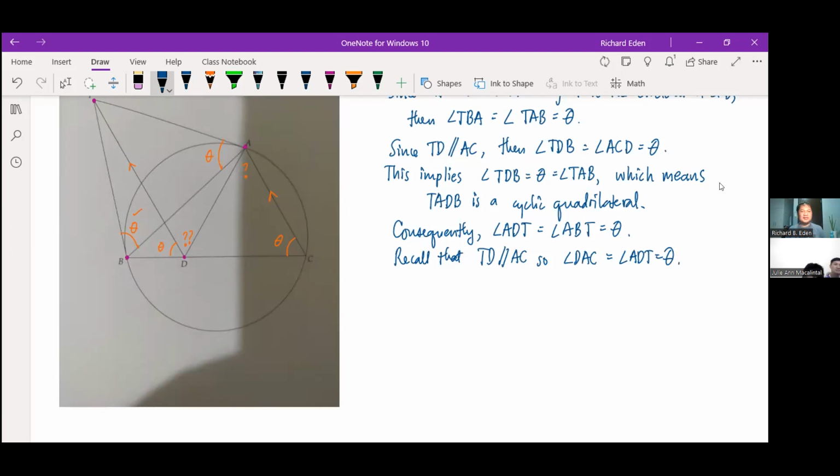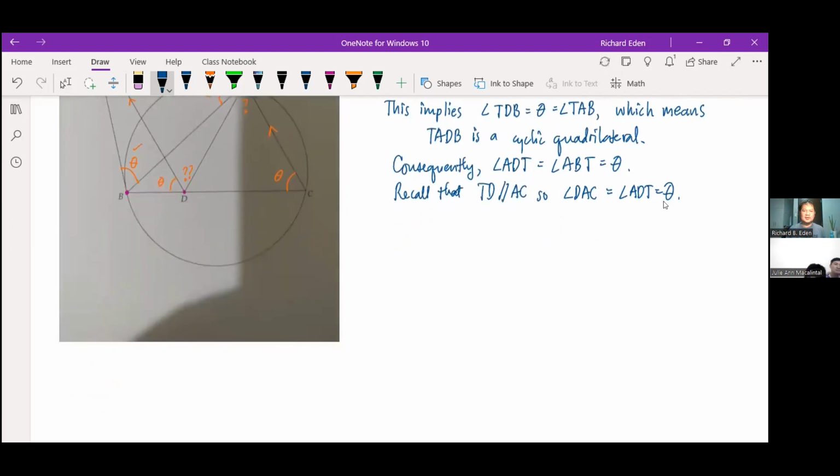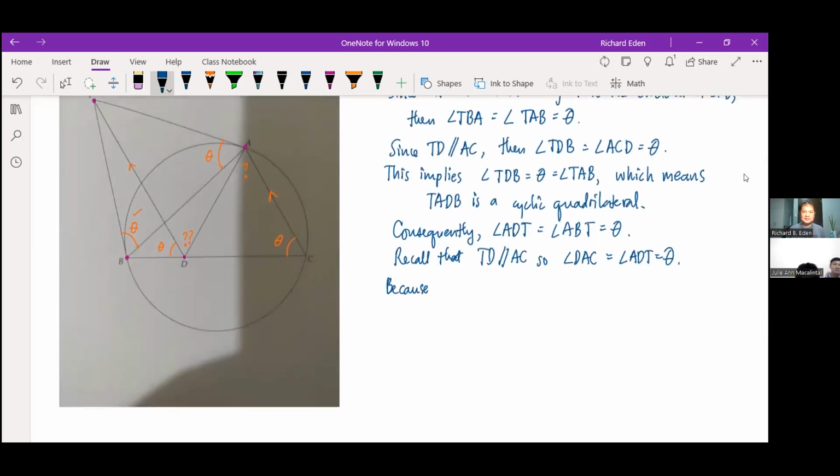And then, because angle DAC and angle DCA are equal, then AD is equal to CD. There we go.